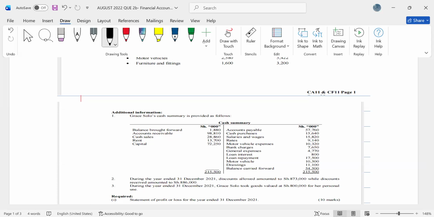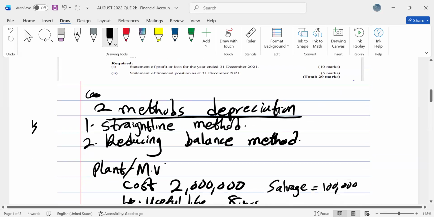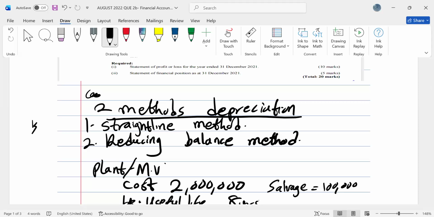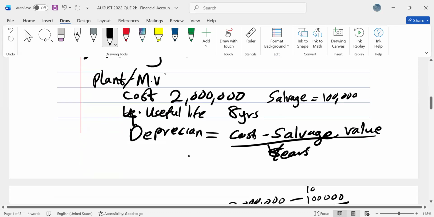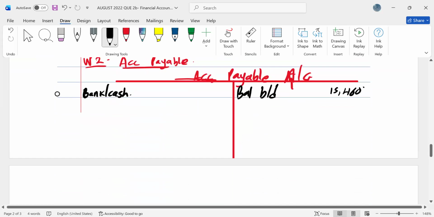Sorry, not the purchases, but I mean the accounts payable that was actually paid. This simply means that it was paid, 57,760. So we pick that one first. That simply means that it was actually paid, either by bank or cash.